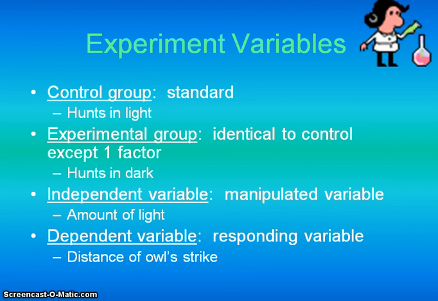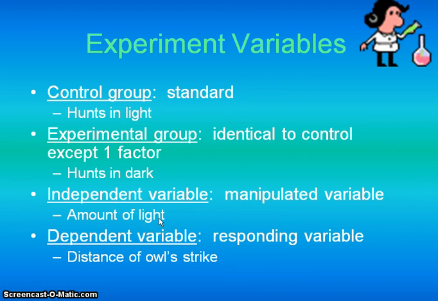The sample here that I gave you is from your book. It talks about owls hunting and the distance that they need to be from their prey in order to catch them. So there's a control group that they use to hunt in light. With the experimental group, they have made it to hunt in the dark. So the only thing that's different between those two groups is the amount of light that they have.